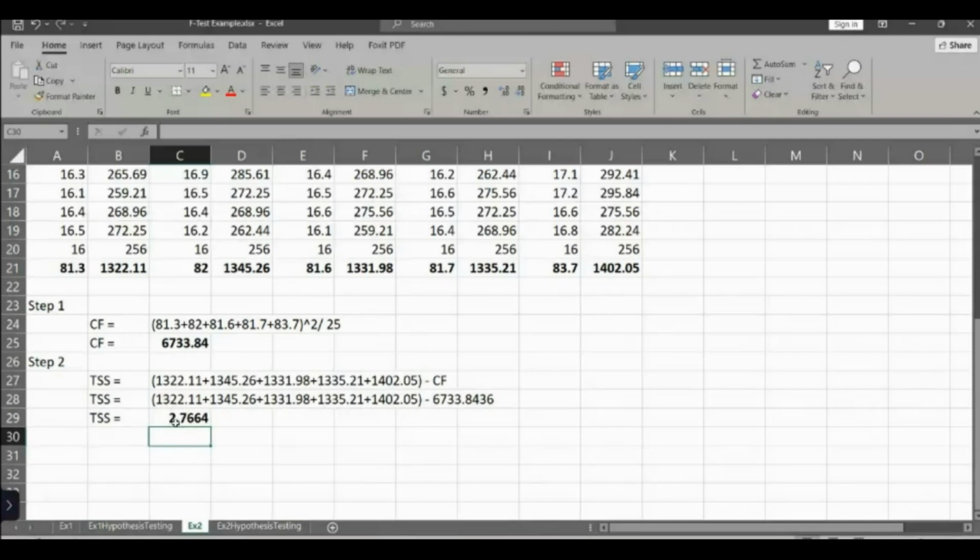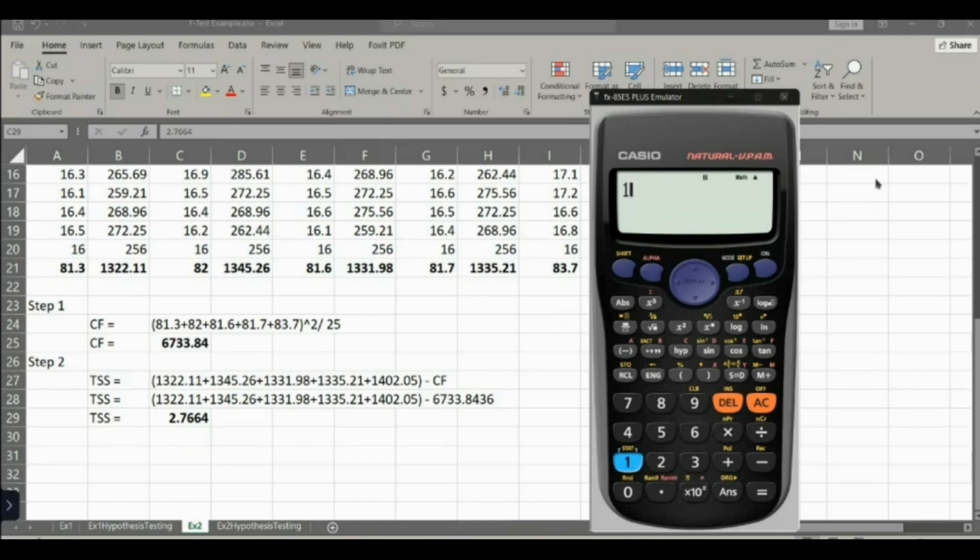Please confirm, it's really only 2 point. 1322.11 plus 1345.26 plus 1331.98 plus 1335.21 plus 1402.05.